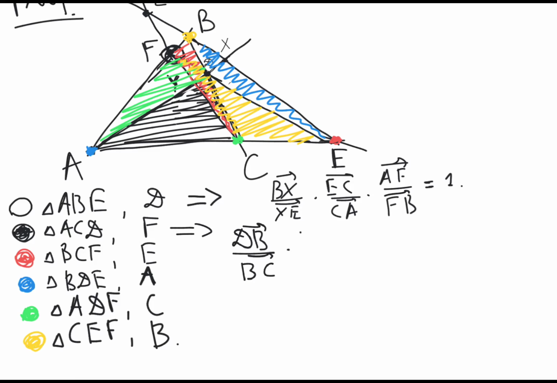Over BC multiplied by CE over EA multiplied by AY over YD.